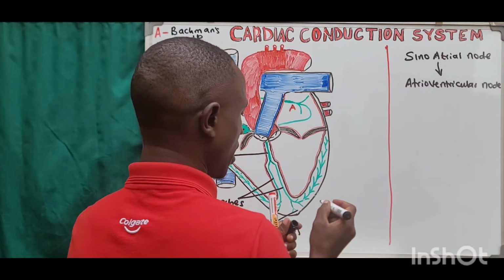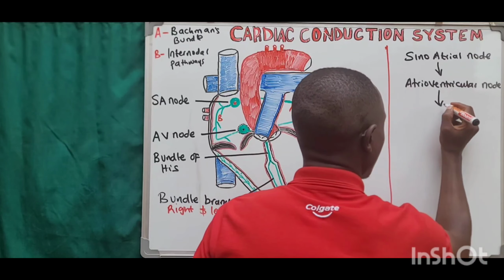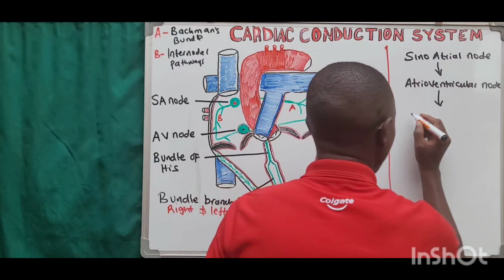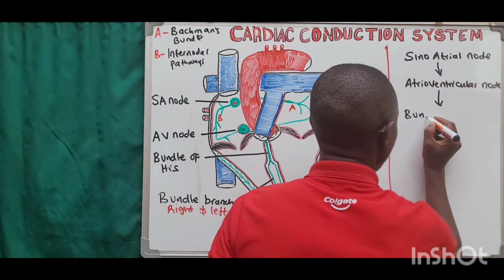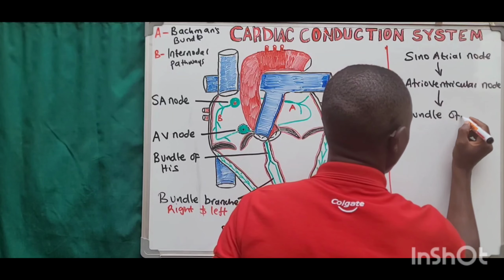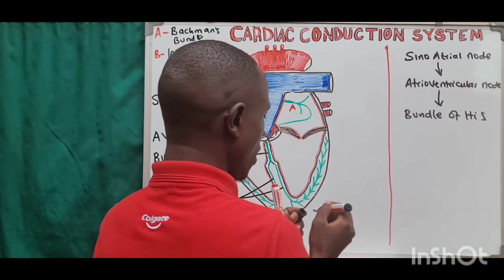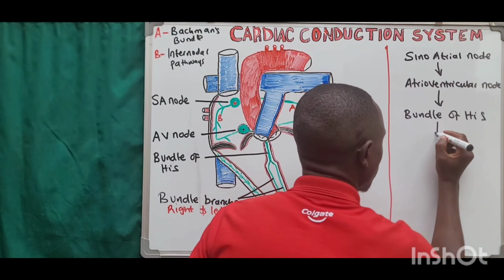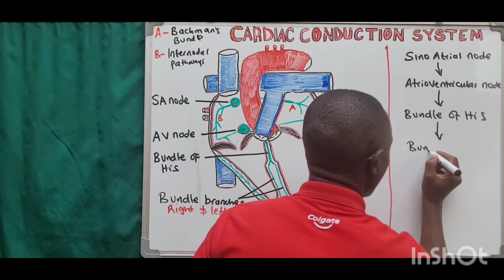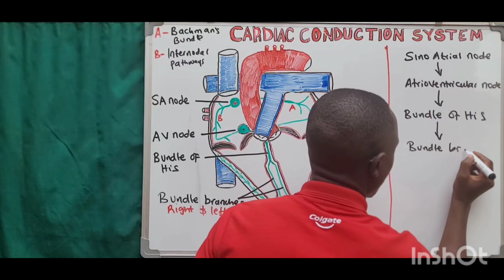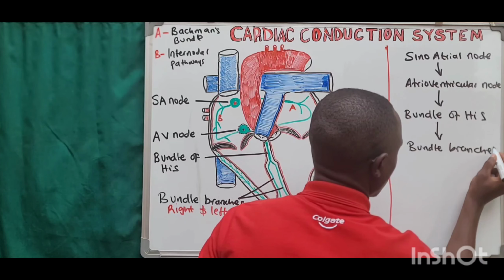Okay, atrioventricular node. From the atrioventricular node, the action potential will move down to the bundle of His. From the bundle of His, the action potential will move down to what we call the bundle branches. Okay, to what we call the bundle branches.